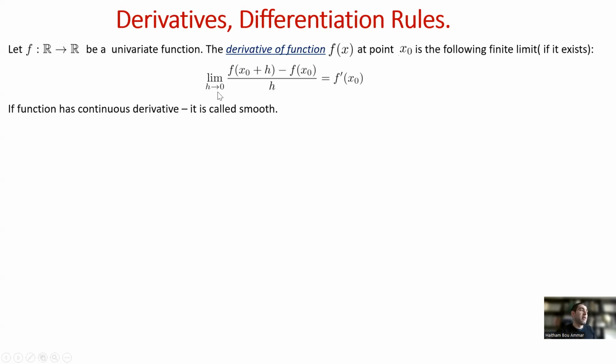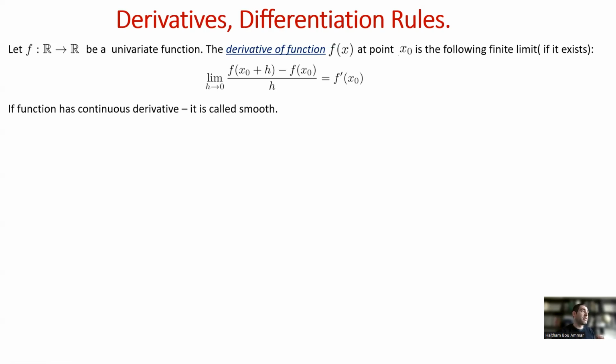And then we take the limit of this when h goes to 0. So if this limit exists, then we call that limit the derivative of the univariate function f at the point x0. And in this case, we call the function differentiable at the point x0.